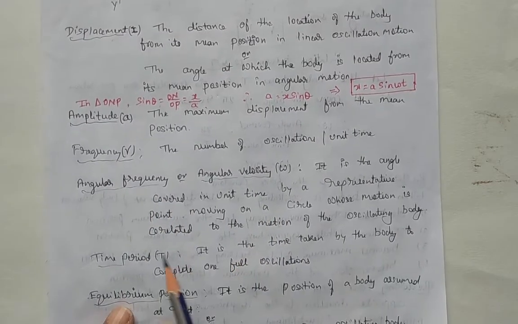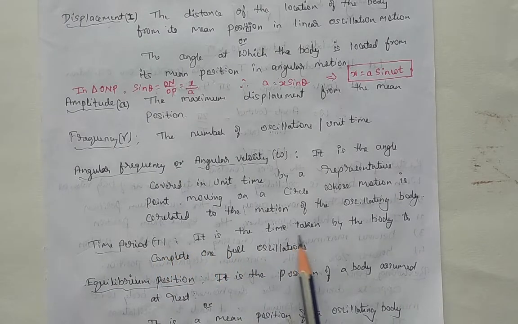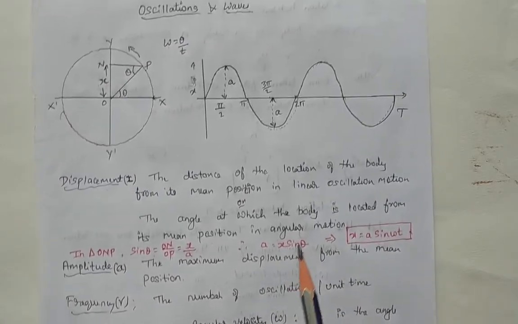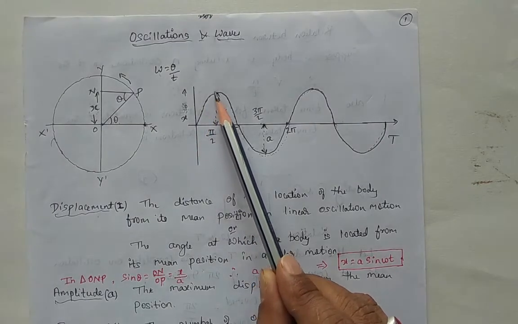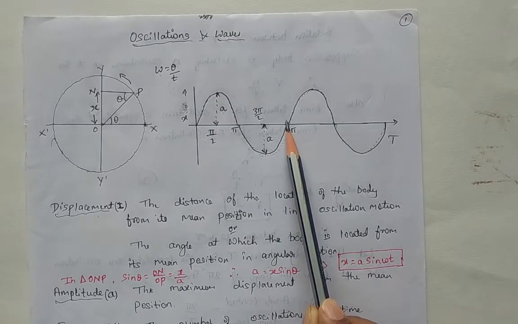Next comes time period T. What is the time period? It is the time taken by the body to complete one full oscillation. It means the moment we start the time here, it starts and comes here. It is one complete oscillation.